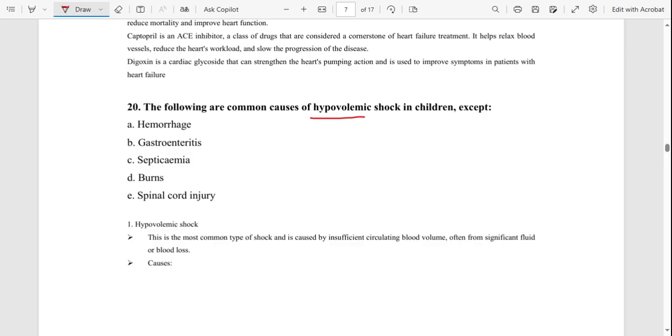Any different thought? Mm. Or do we all go for C? Why do we pick C, Doc?